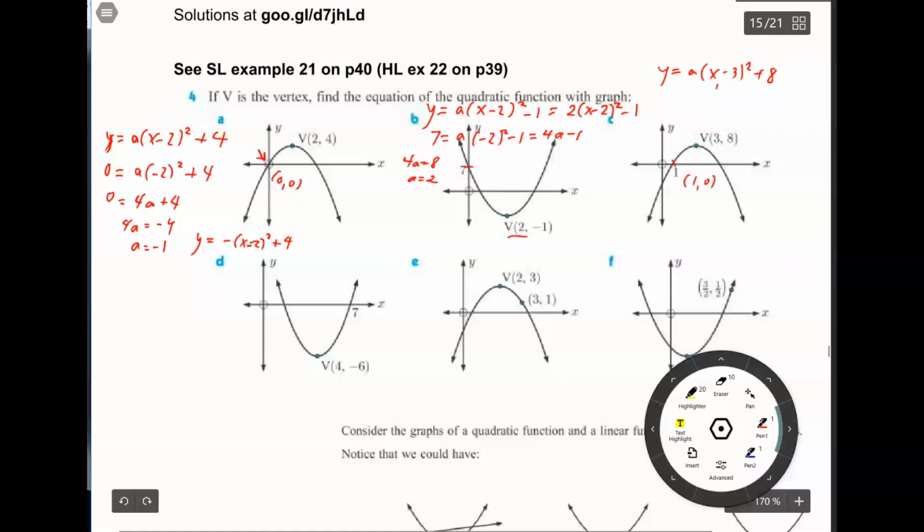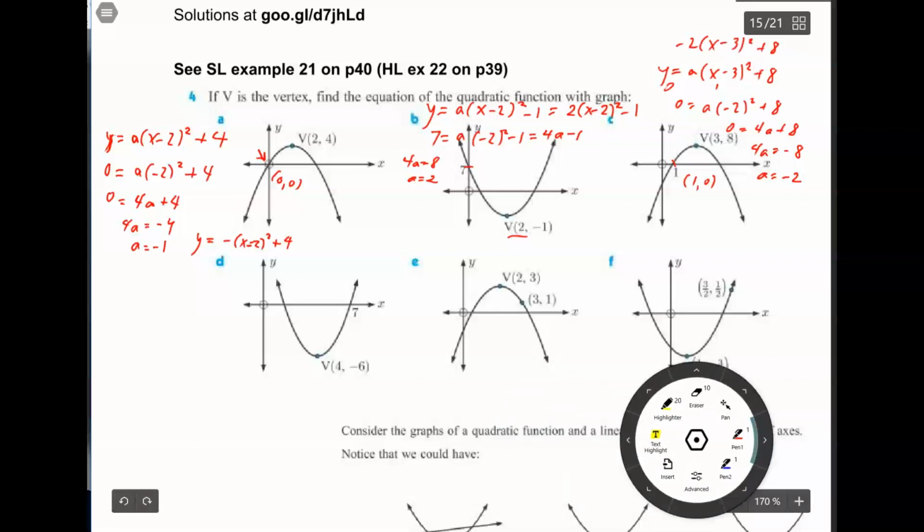So I can put 1 here and 0 here, and I'll get 0 equals a times negative 2 squared plus 8, which means that 0 is equal to 4a plus 8. 4a equals negative 8. A equals, divide both sides by 4, negative 2. So then I can rewrite this as negative 2 times (x minus 3) squared plus 8.